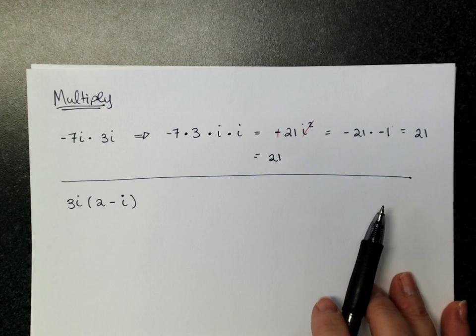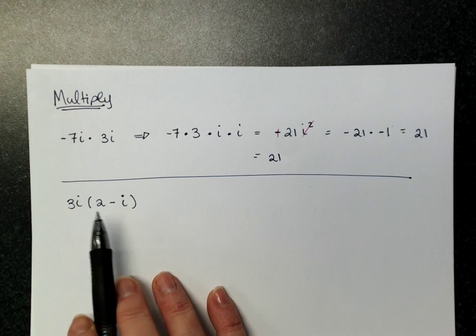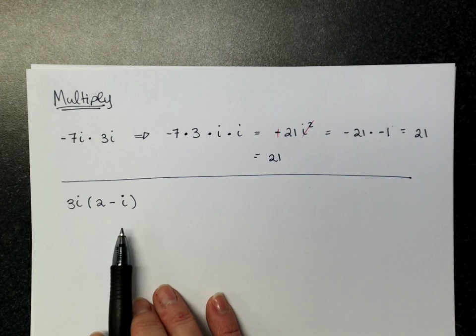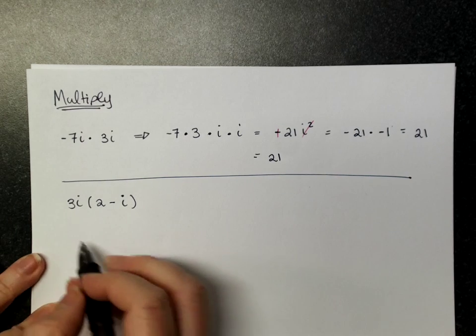That's an efficient thing to get to. But just like I encourage with radicals, I'm going to encourage with the i's. With i's and radicals, go ahead and write out that expanded step. It might seem like a little more work at first. It's going to save you work because it's going to save a lot of careless mistakes and a lot of confusion trying to sort things out. So take the time to write the expanded step. It's actually going to save you time and save you careless mistakes.